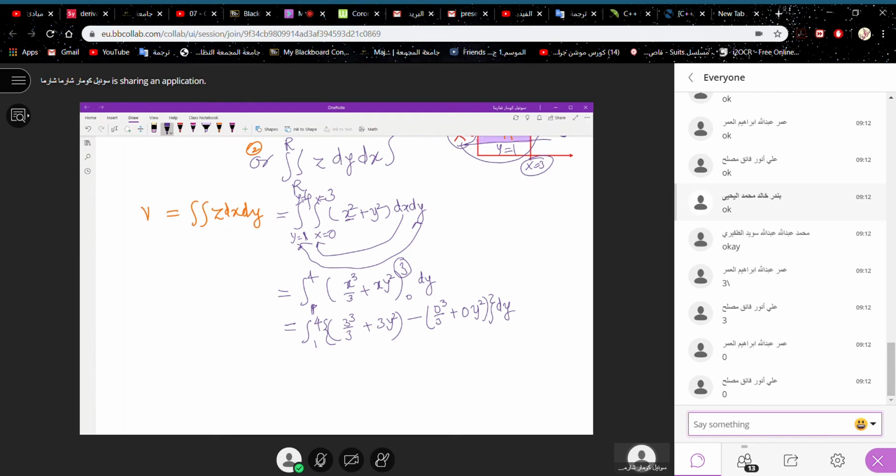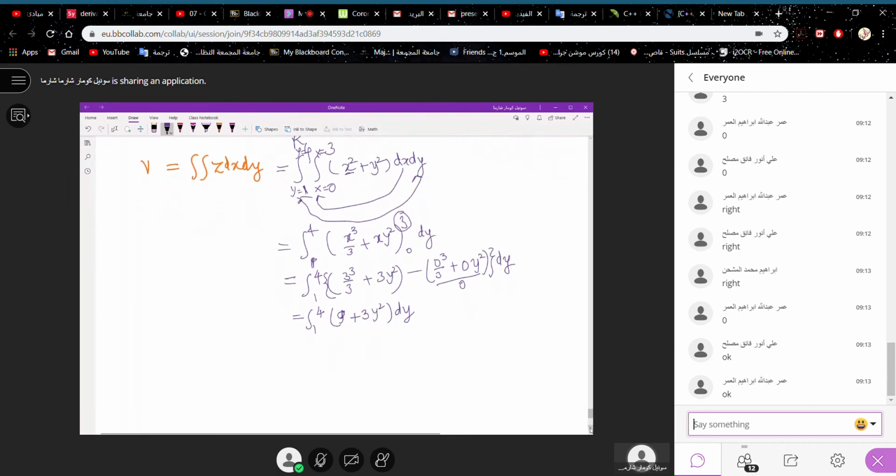Write the problem. So this is 1 to 4. 3 cube means 27 upon 3, so this is 9 plus 3y square, dy. Okay. What is this integration?